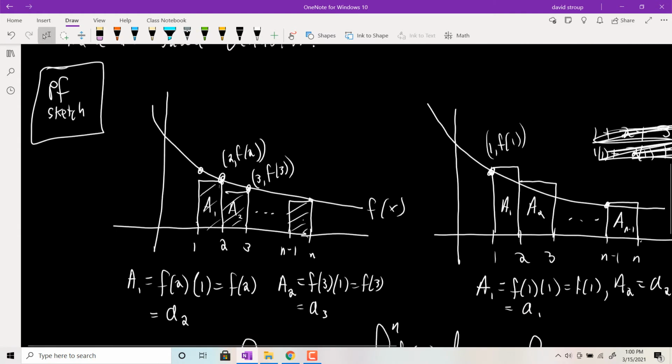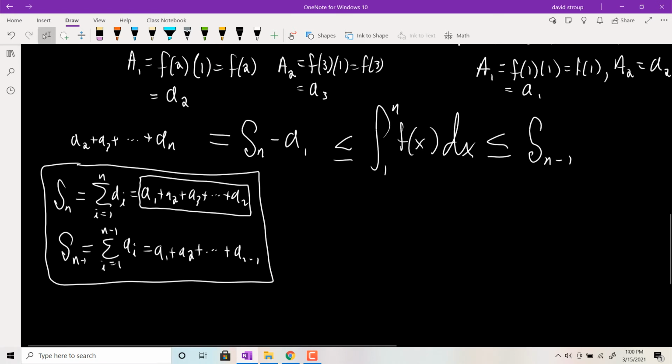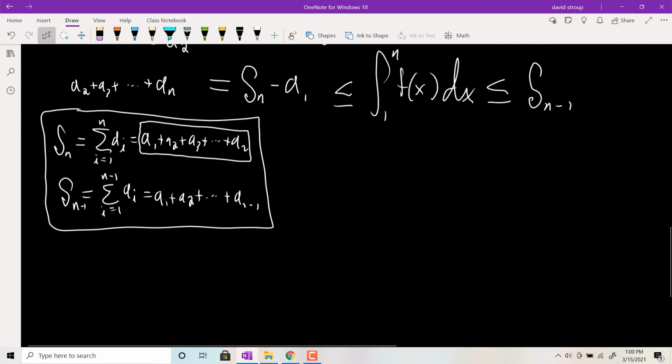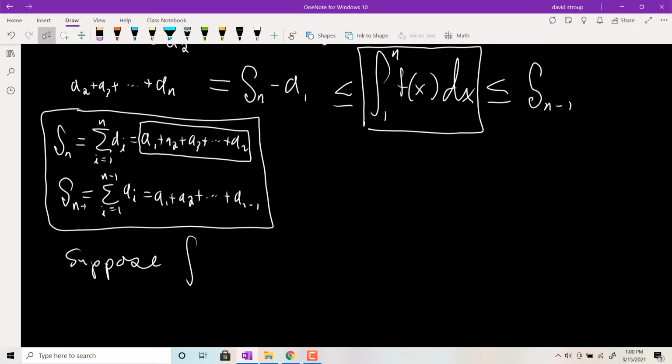So the forcing is going to come from this inequality here. So what did I say? Let's presume that this improper integral is convergent. So suppose the integral from 1 to infinity of f of x dx is convergent.